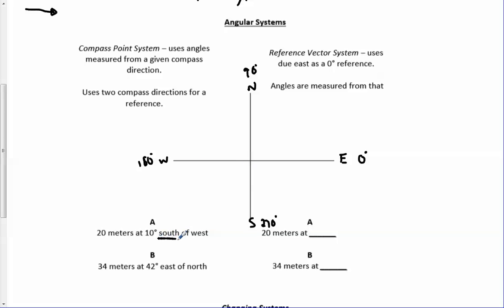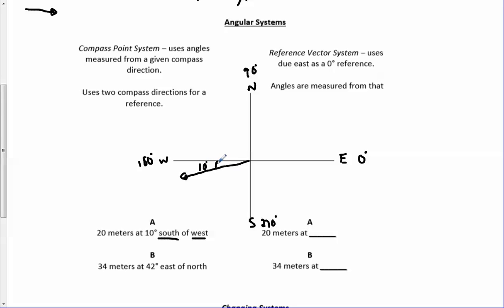When I read this as south of west, what that means is I'm moving to the south of the western direction. So basically I want to start on the western axis, and move 10 degrees to the south of it. So my displacement vector would look something like that, and my 10 degrees would go right there.